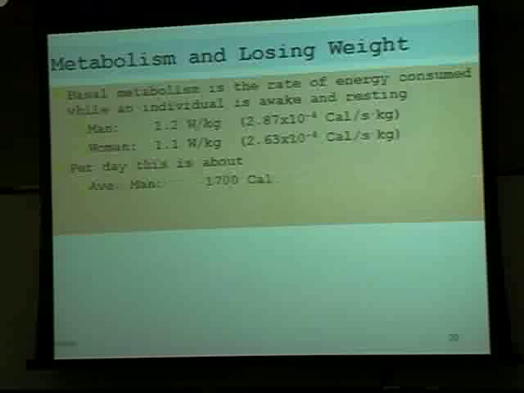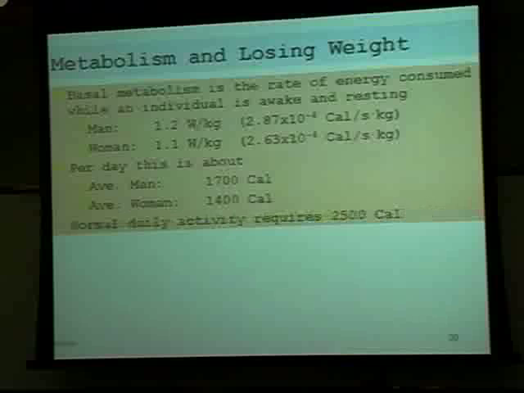Per day, the average man then would consume about 1,700 food calories. So you'd have to multiply this by about 70 kilograms for the mass of a man, and how many seconds there are in a day. Get 1,700. For the average woman, that'd be about 1,400. Normal daily activity requires about 2,500 calories.